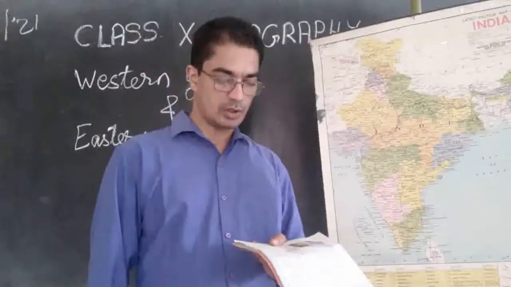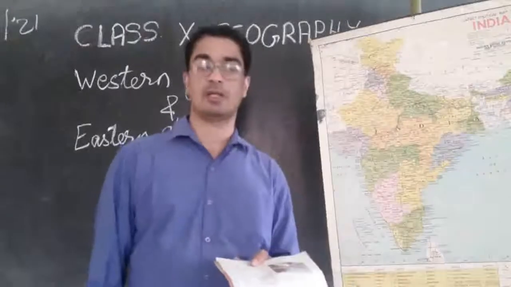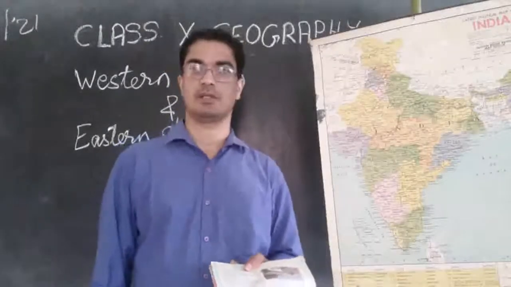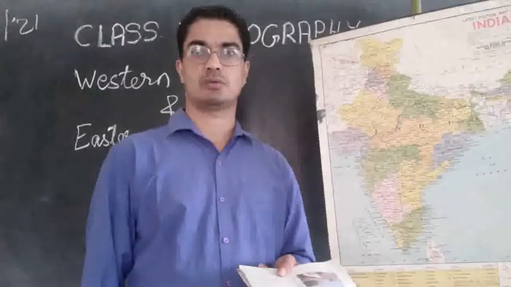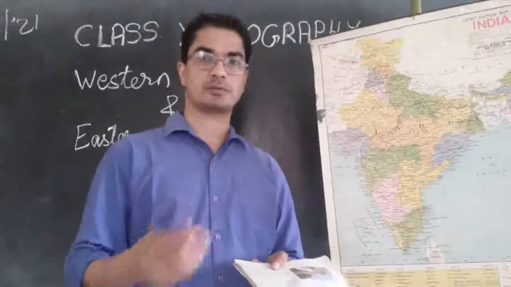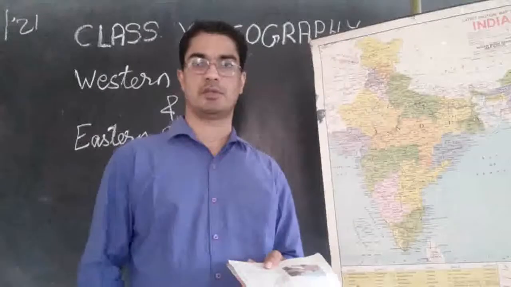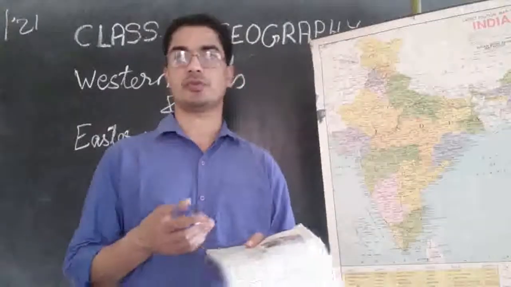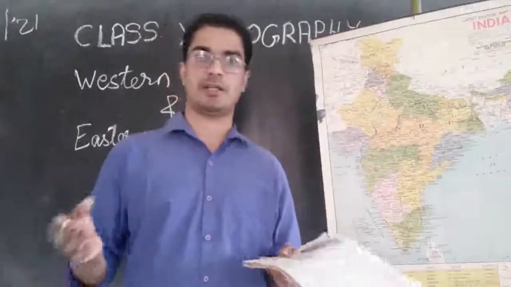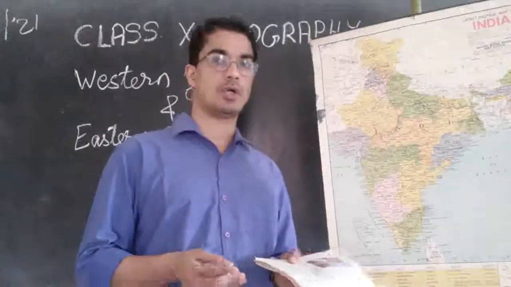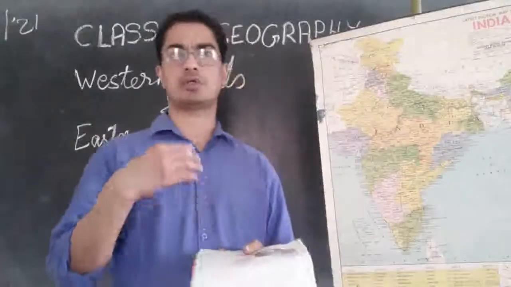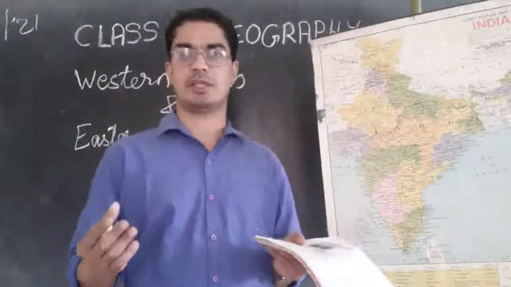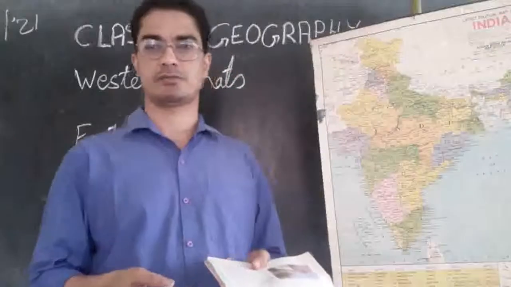So how does this black soil come? We have already studied earlier that the volcano brings a lot of igneous rock. The hot lava comes out from the volcano, and afterwards it becomes very hard, and then that becomes rock. That is called igneous rock. Then slowly in the course of time, that igneous rock gets powdered, and that is black in color.